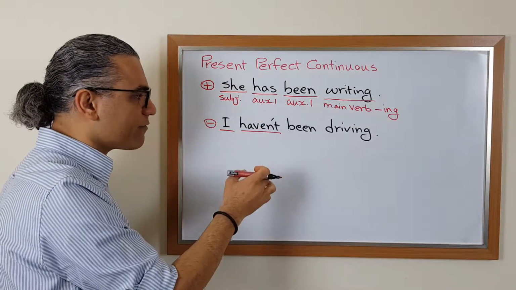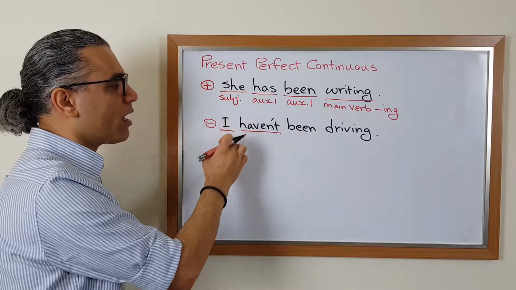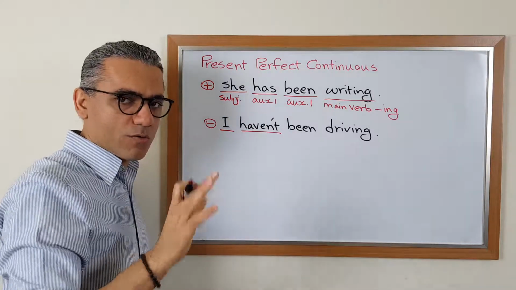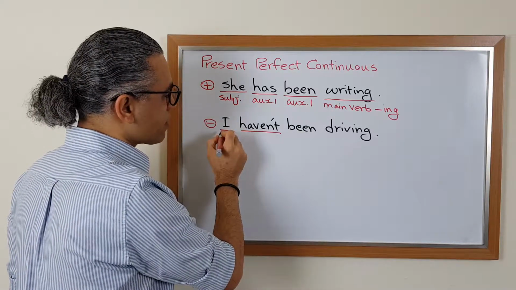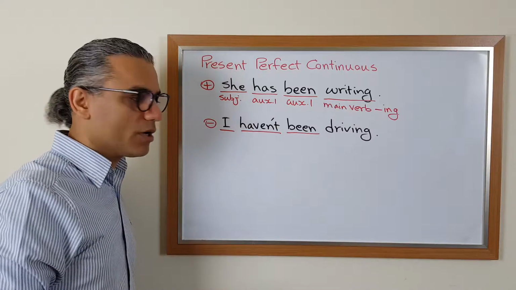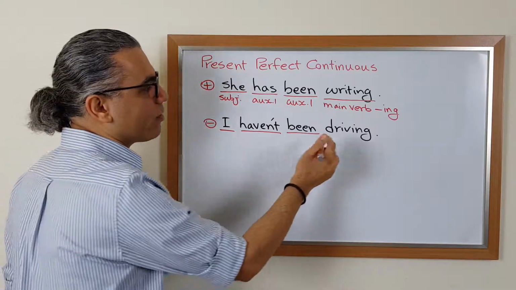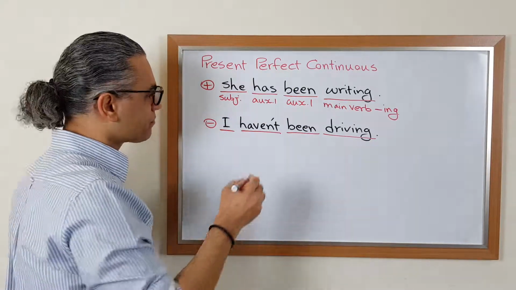So I haven't, which is the contracted form of I have not. I haven't been is always fixed, we don't change it, driving. So subject, first auxiliary verb in negative form, second auxiliary verb which doesn't change at all, and then driving, the main verb in ing form.